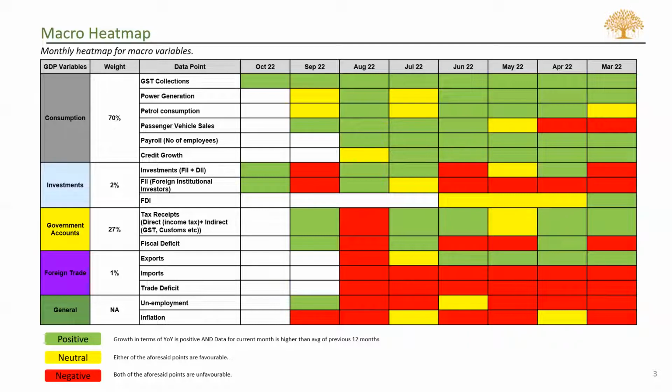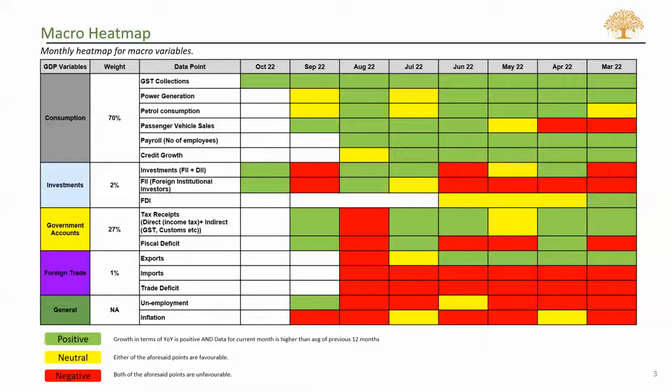And for the exports, it's again on the negative side, where the exports have been lower than the average of the last 12 months. So overall, foreign trade seems to be negative, with a slowing down effect that we are seeing. That could be a reason for the depreciation in the rupee, and also the inflation effect that we are seeing all over the economy.